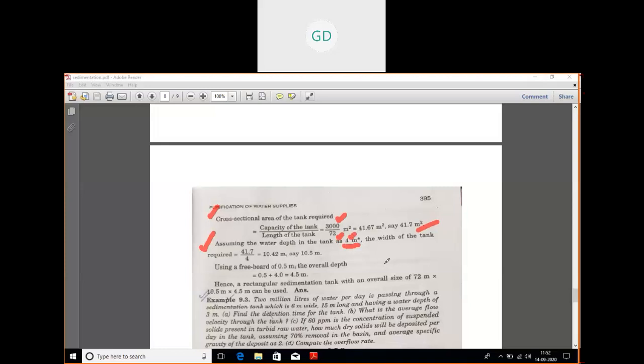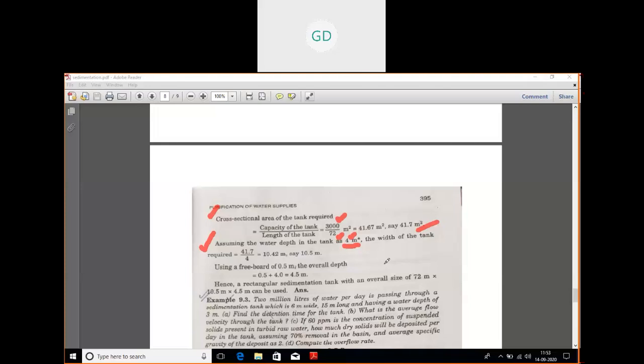Since it is a design problem, it depends upon you whether you take 4 meter or 4.3 meter, but it should be between the above mentioned depths. Even if you take 3.8, it is also correct, it will not be wrong.